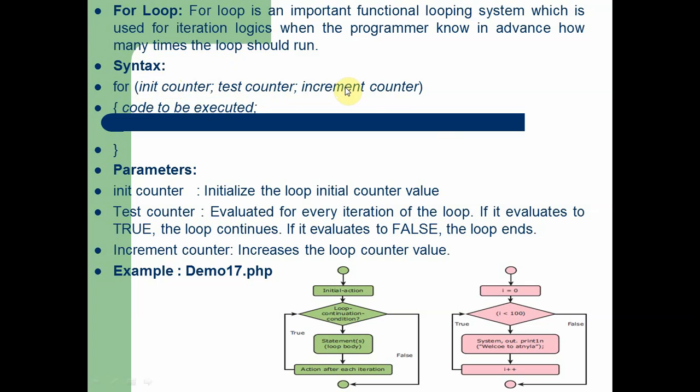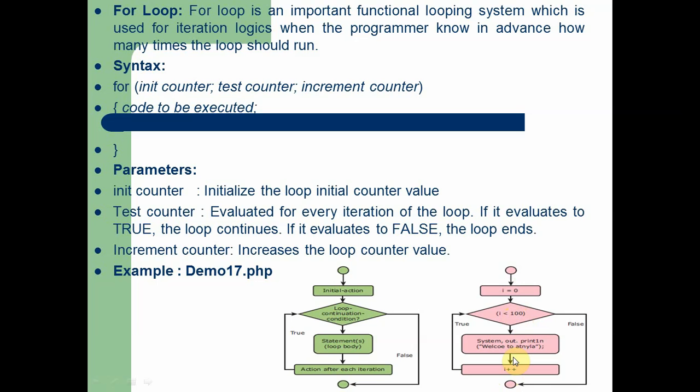The third part is the increment. If you see the flow chart, i equal to 0 is the initialize part, i less than 100 is the test counter, and i++ is the increment operator. All these parts are available in all types of for loop structures, but the arrangement of these elements will differ.